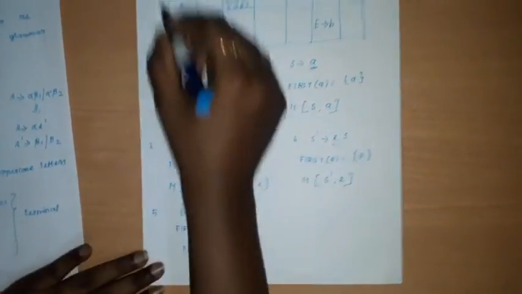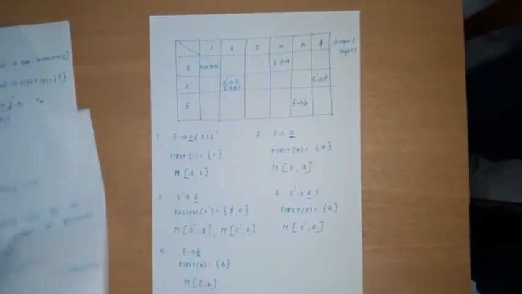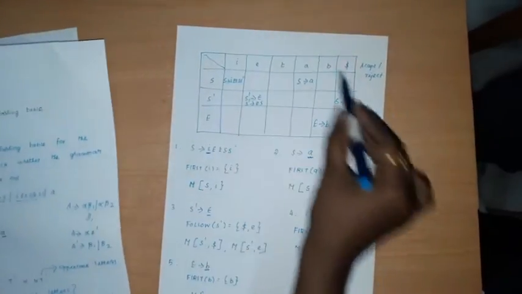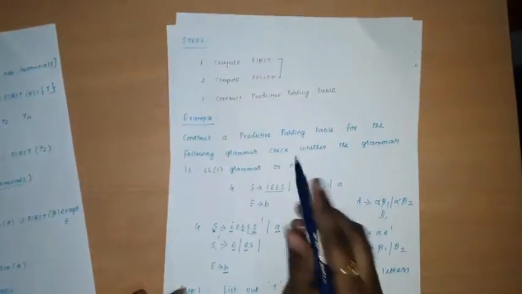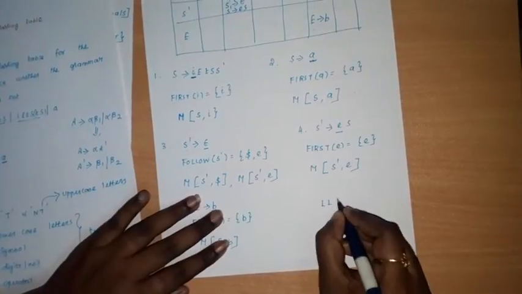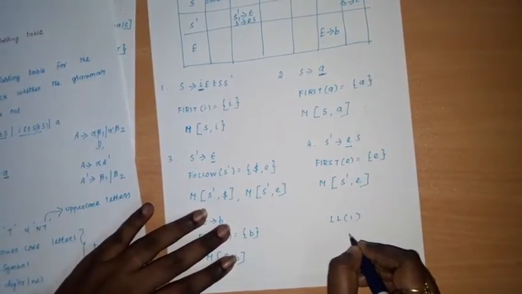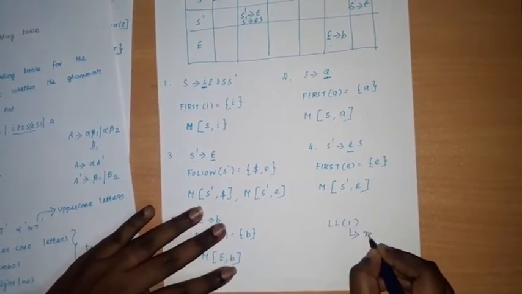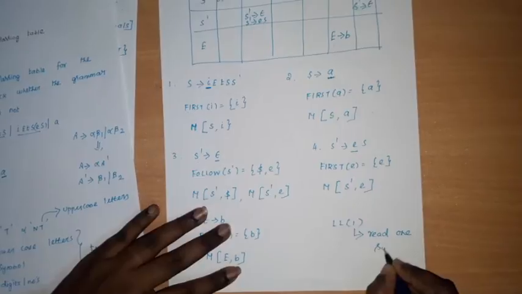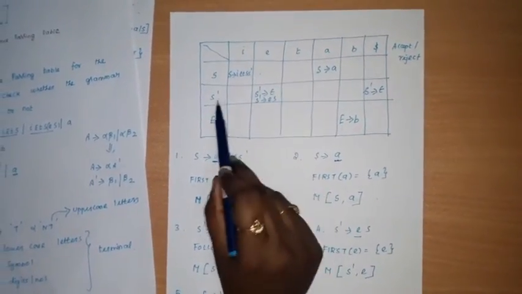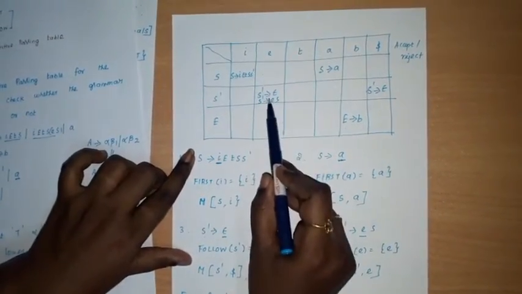Now we are done with the construction of the predictive parsing table. The question is construct a predictive parsing table, and we have done that. The second question is check whether the given grammar is LL(1) or not. I already told what is meant by LL(1). First L is left to right scan, second L is leftmost derivation, and within brackets 1 represents read one symbol at a time, which means there will be only one entry for a single non-terminal and terminal.